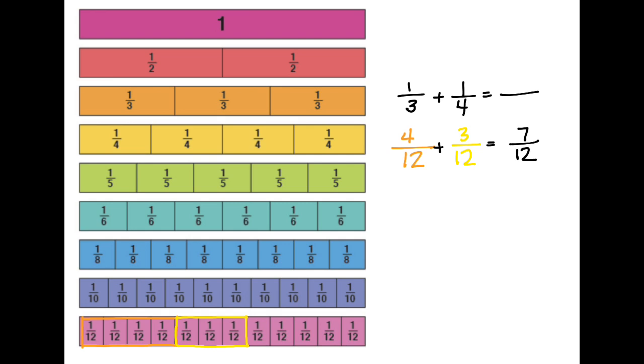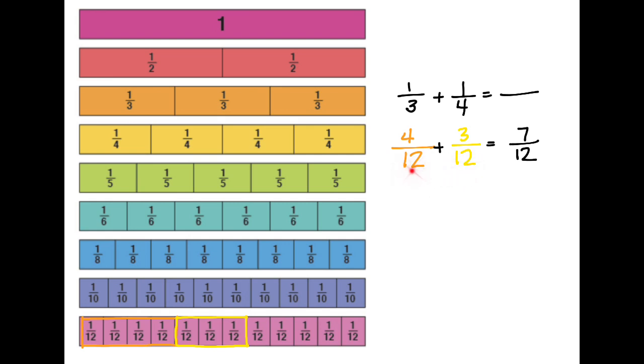Okay, so that wasn't too bad using my chart and my iPad abilities, but how do you do it mathematically? Okay, whoops, wrong button. If you notice, 3 and 4 both divide evenly into 12.